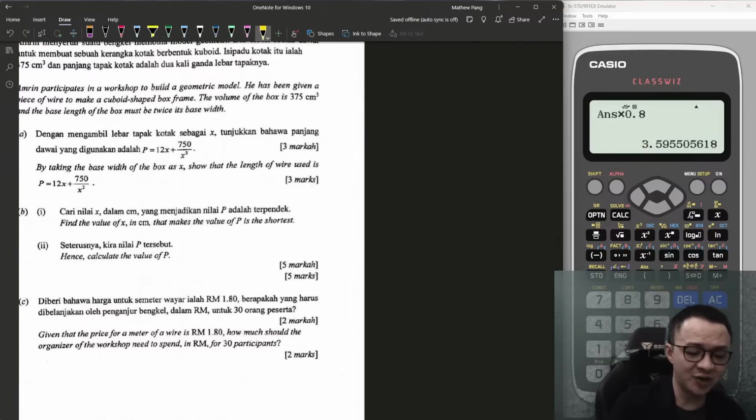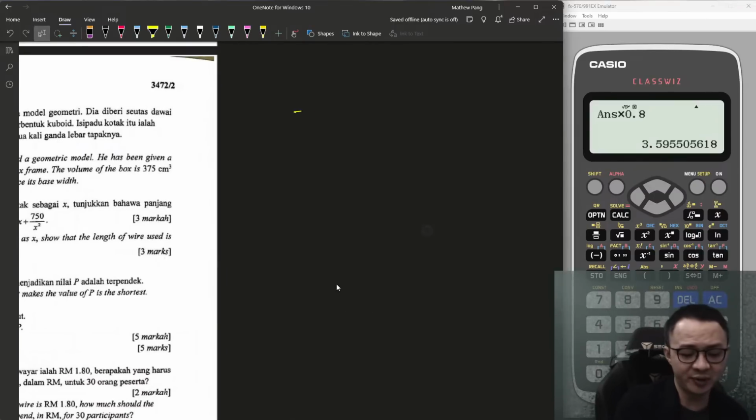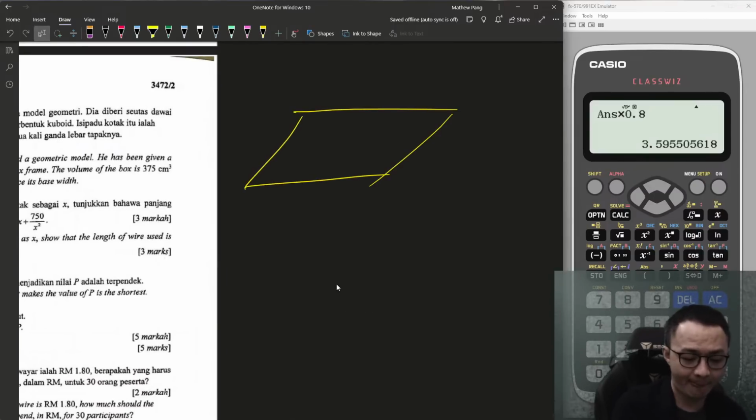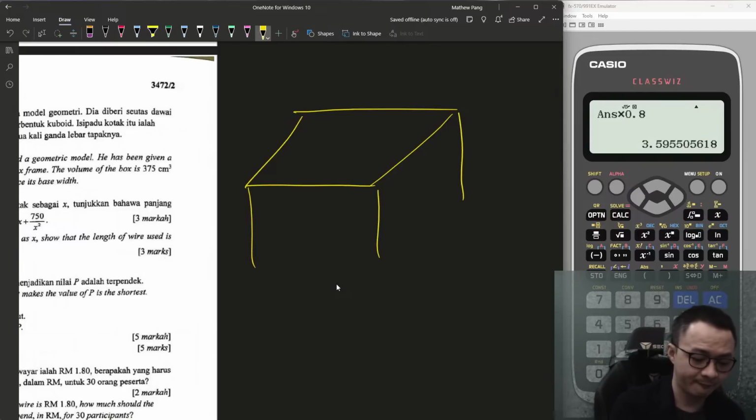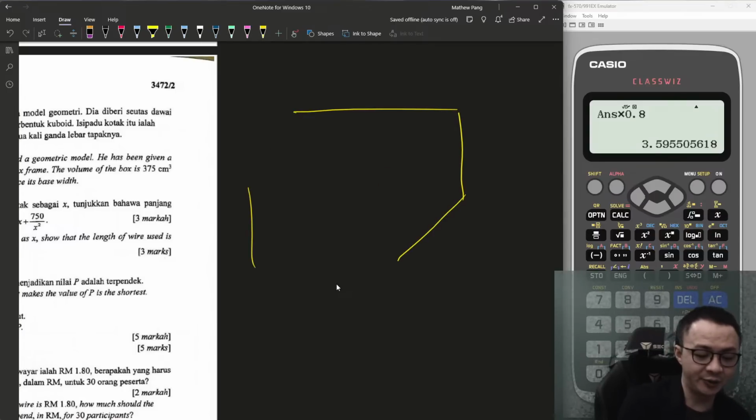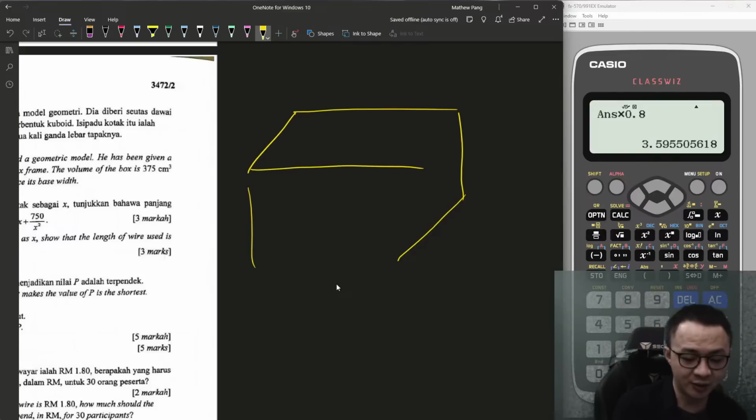Alright, so I will assume he's going to build the frame looking like this. I'm trying to draw the cuboid. No, I want to make this one shorter, make this one longer.